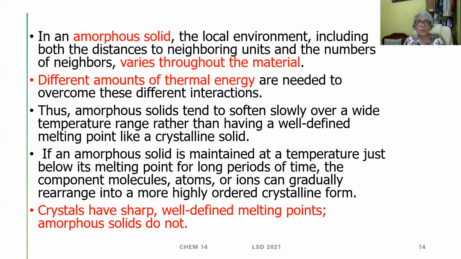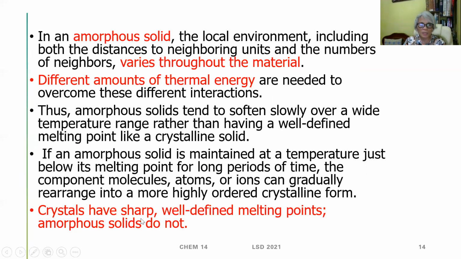Thus, amorphous solids tend to soften slowly over a wide temperature range rather than having a well-defined melting point like a crystalline solid. If an amorphous solid is maintained at a temperature just below its melting point for long periods of time, the components, molecules, atoms, or ions can gradually rearrange into a more highly ordered crystalline form.